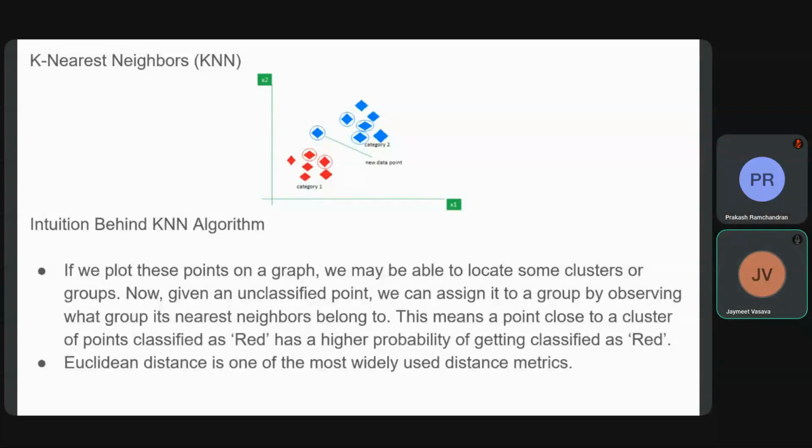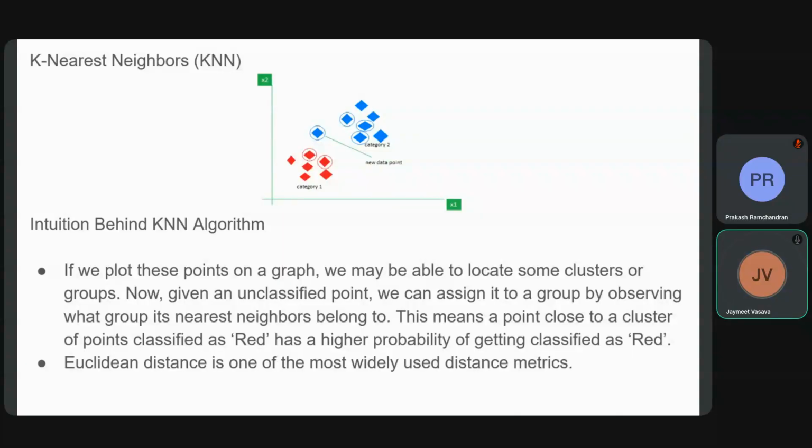So the intuition behind K nearest neighbor: you can see that we are plotting some points, and the points are divided into category 1 and 2, and a new data point has been added. The nearest data points are calculated based on the distance in the graph, and whichever category the distance is closer to, the new data point is classified into that category.